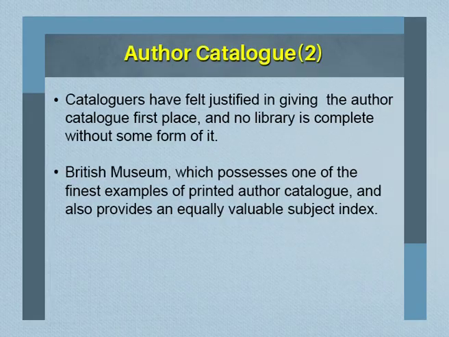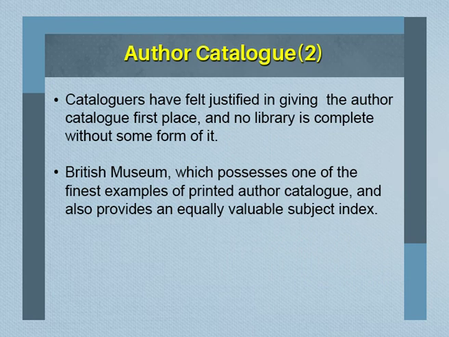So catalogers have also felt justified in giving the author catalog first place, and no library is complete without some form of it. As I said before, the users are familiar with the authors, so we definitely must have the author catalog in the library.